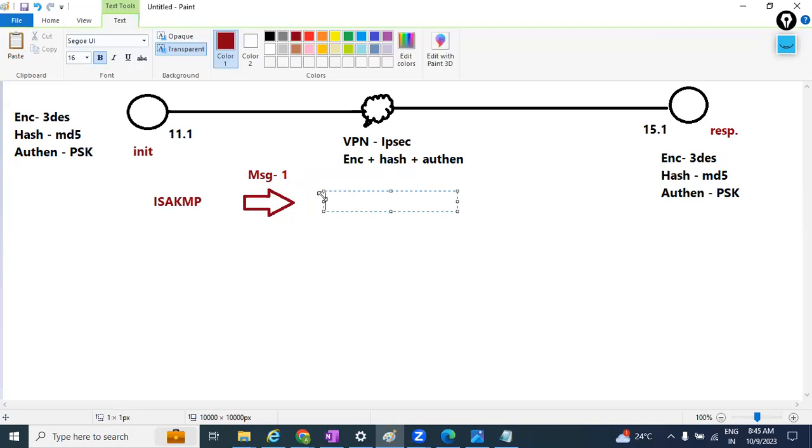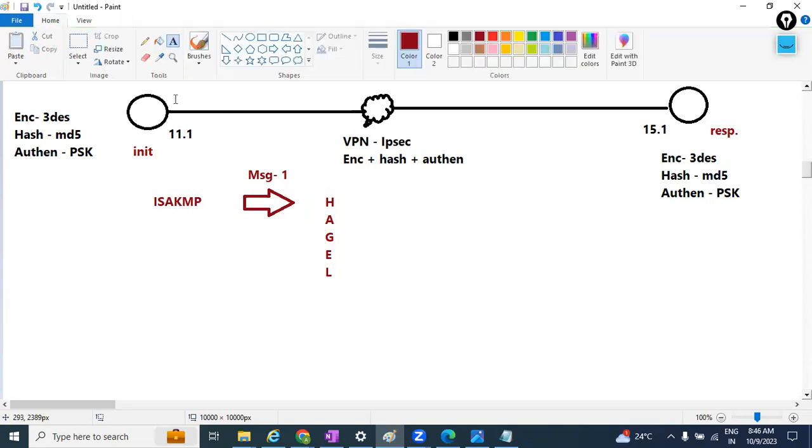And the first message is all about HAGLE. In the first message, there is a lot of information, but this is the first and basic information: HAGLE.